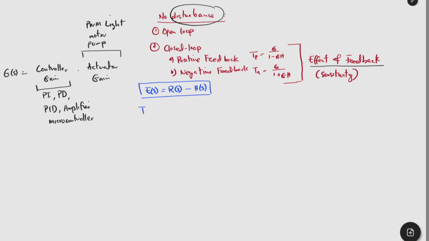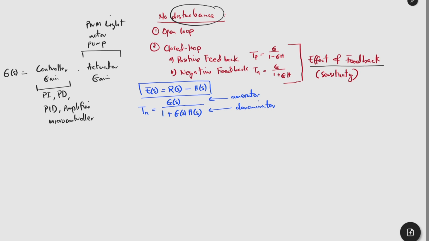And we all know that the transfer function of the negative feedback is equal to G of S over 1 plus G of S H of S. So we now have this as a numerator, and this is our denominator.